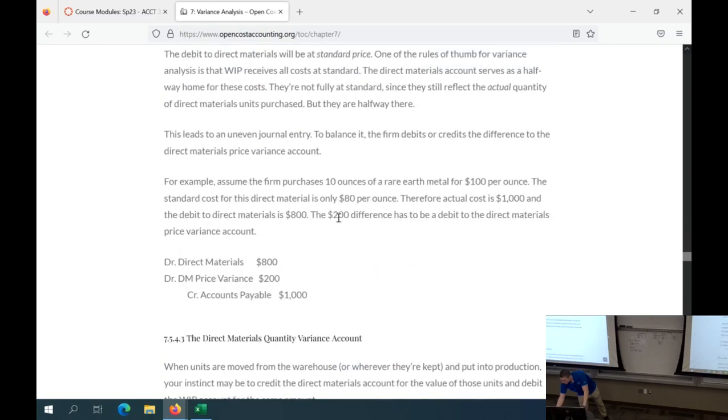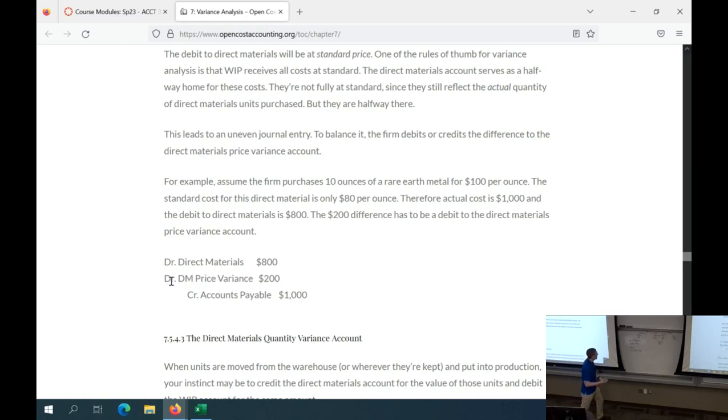Right here, there's a $200 difference. It has to be the debit to direct materials. I didn't even go through the calculations in this one. I said, look, I know there's $1,000 actual cost, and given our standard of $80 per ounce for 10 ounces, it should be $800 at quasi budget, half standard. That's a $200 difference. That has to be the price variance right here.